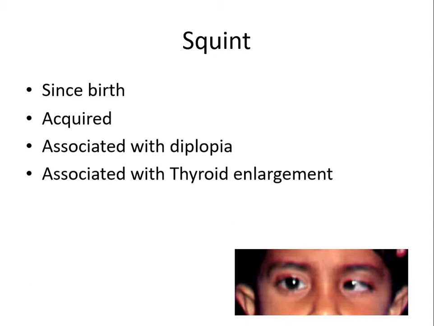While taking proptosis, I talked to you about deposition of glycosaminoglycans into the extraocular muscles, leading to fibrosis of the muscle and restrictive myopathy or diplopia. The patient will see one object as two, and will not be able to move the eye in that particular direction.